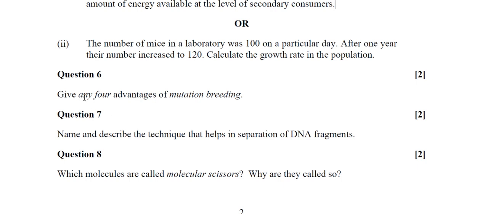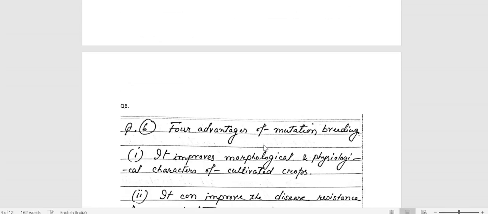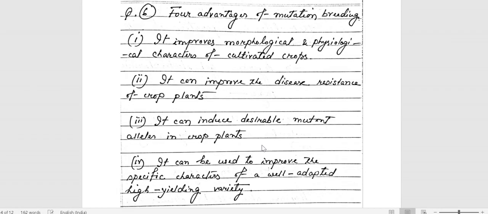Question number 6, give any 4 advantages of mutation breeding. So 4 advantages of mutation breeding. Number 1, it improves morphological and physiological characters of cultivated crops.